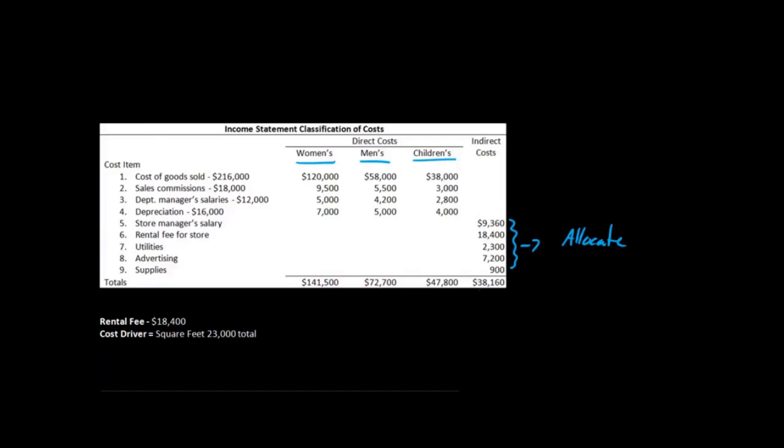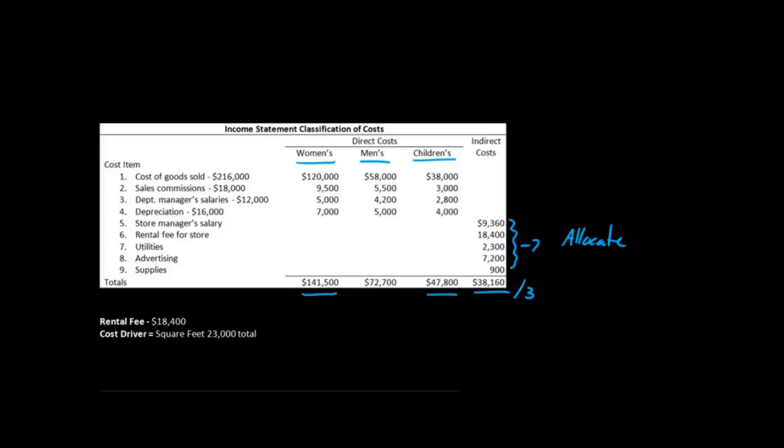As you can see from the numbers, the women's department looks a lot bigger than the men's department and the children's department, at least in terms of total direct cost. Their total direct cost is $141,000, and the children's is only $47,800, which would make you believe that the women's department is much larger, right?